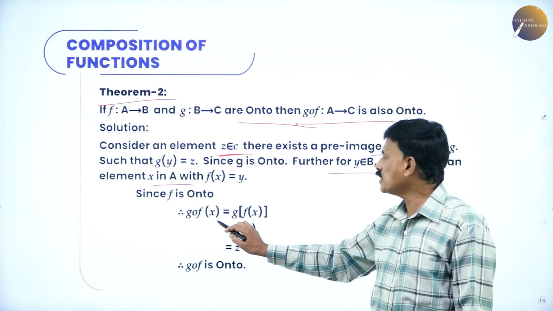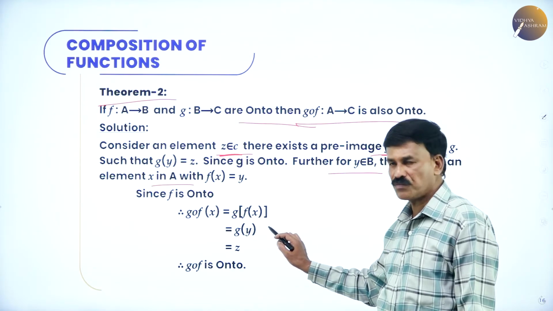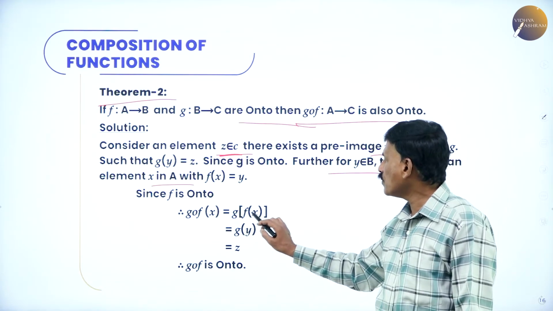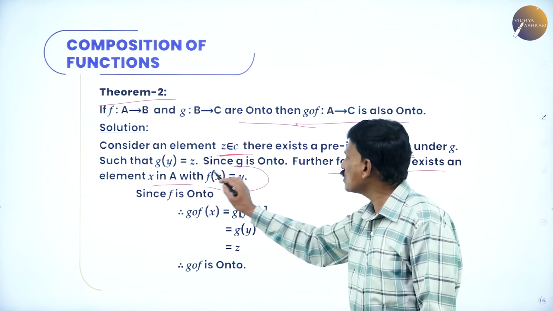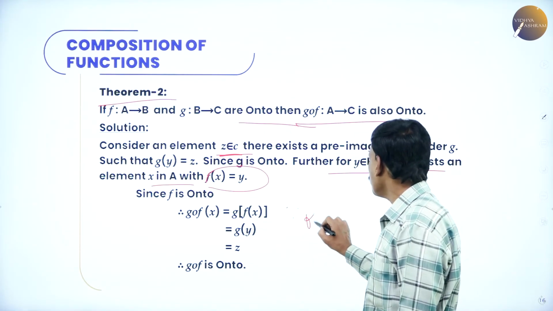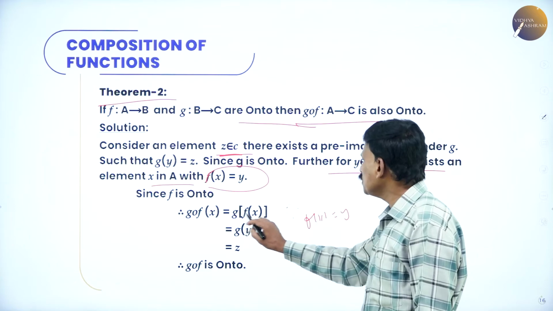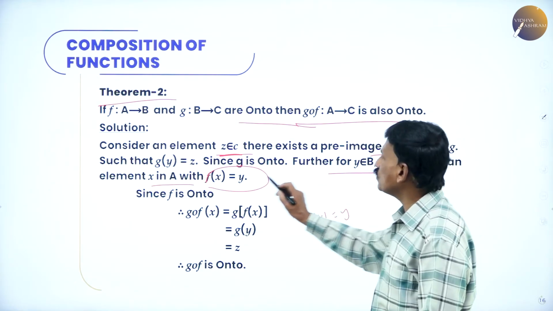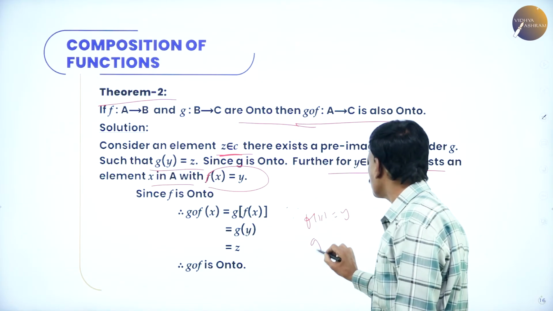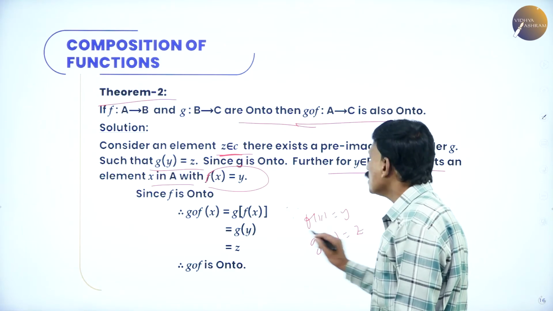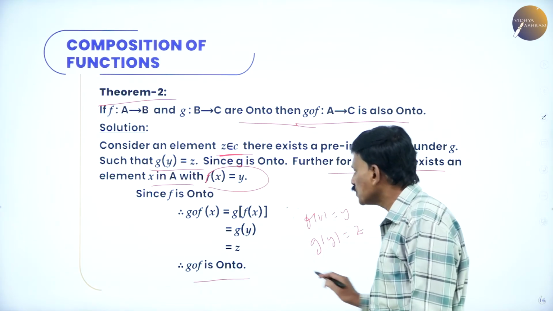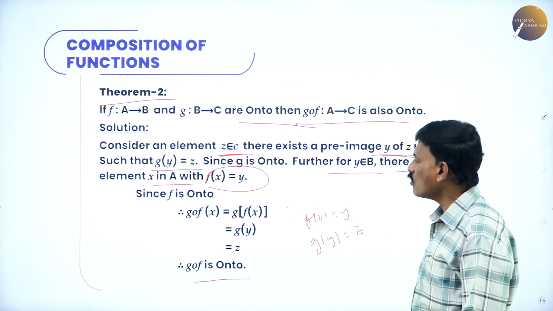Therefore g o f of x is equal to g of f of x. What is f of x? f of x is equal to y. Since f of x is equal to y, g of f of x is g of y. We know g of y is equal to z. So therefore g o f is an onto function.